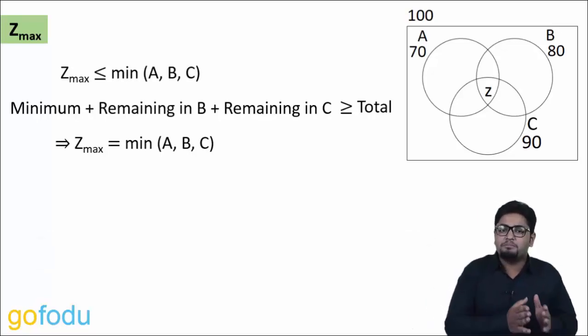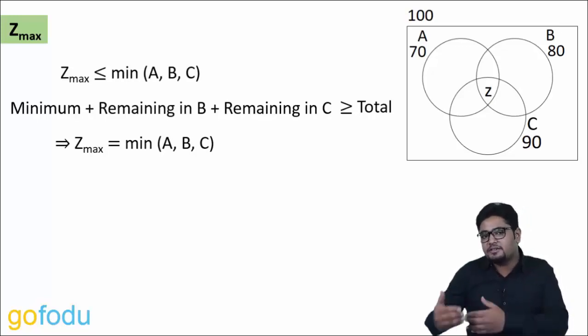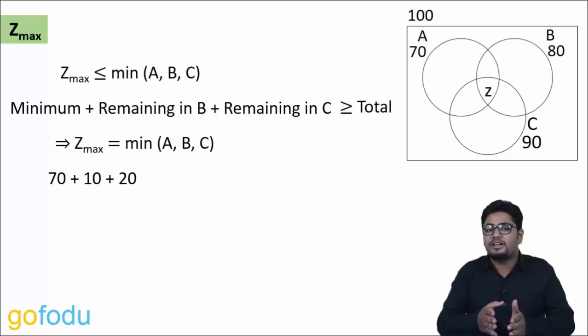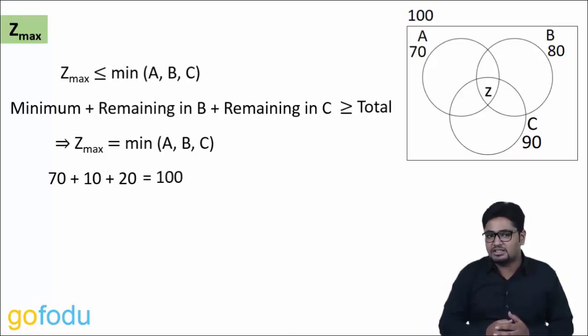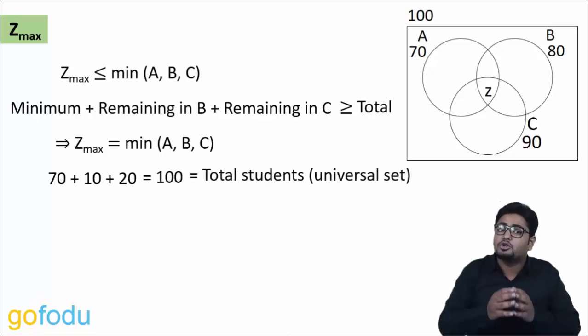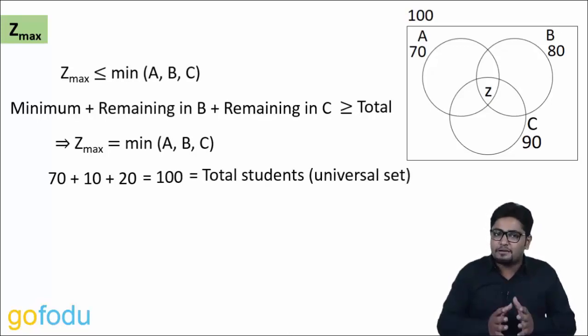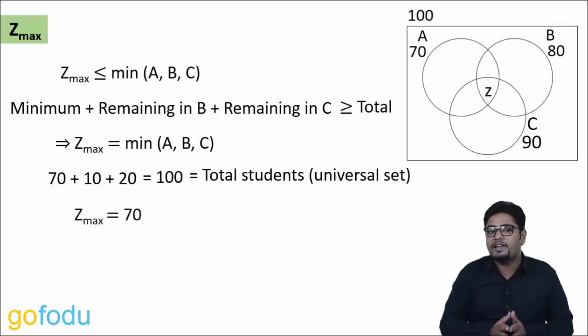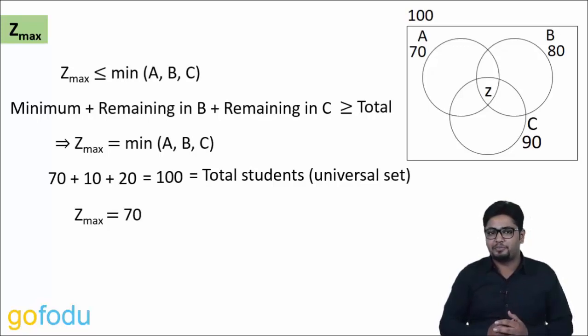So, minimum plus remaining value in B plus remaining value in C gives us 70 plus 20 plus 10, which in turn gives us 100 as the answer, which is equal to the total value of the universal set. Hence, Z maximum in this case will be equal to set A, that is 70.